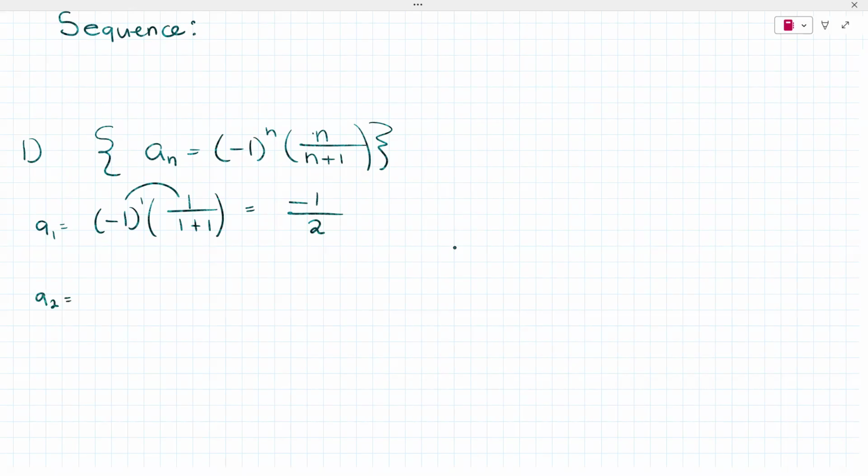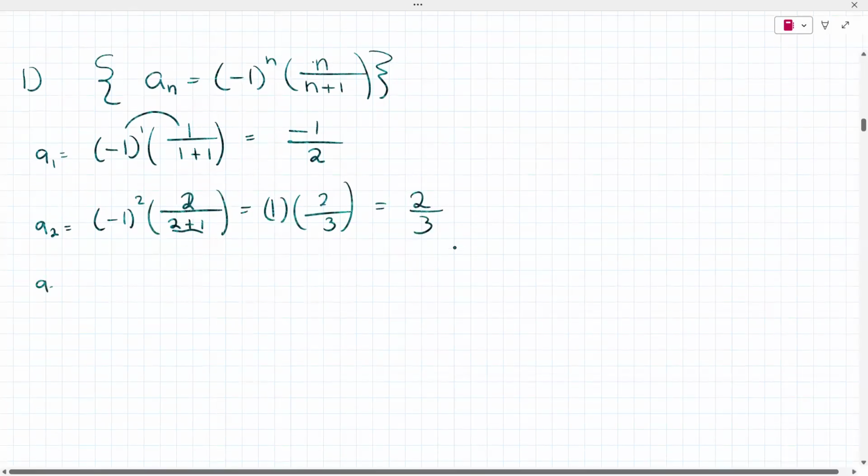And then a2 is going to be -1, and then just replace n with 2. So this is going to be (-1) squared times 2 over 2 plus 1. -1 squared is +1. This is 2. And 2 plus 1 is 3. So what's 1 times 2/3? +2/3.